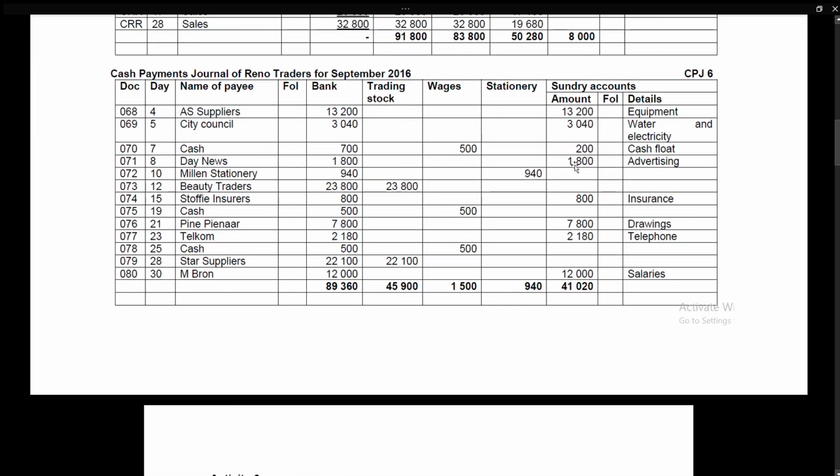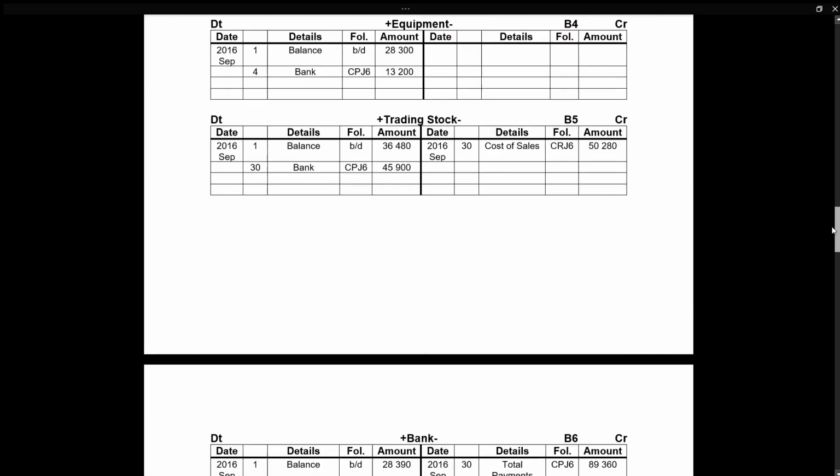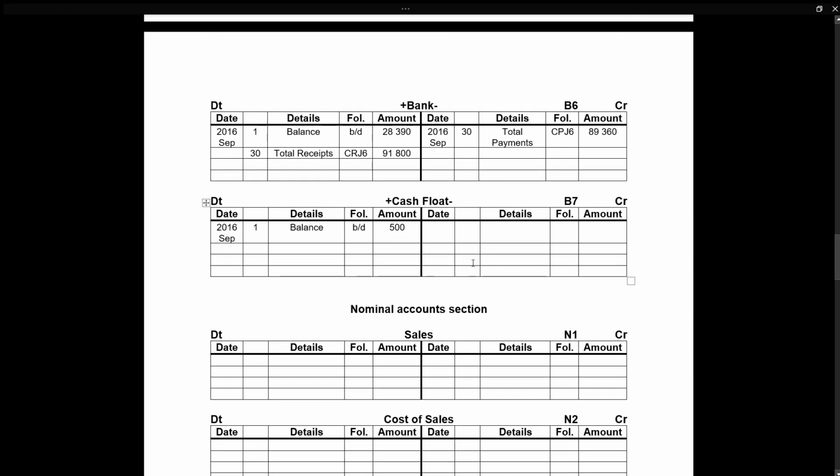That took place on the 7th. Let's go and fill that in. So my cash float will increase with that amount, 200 Rand. I got this information from my cash payment journal number 6, and my details will be bank. It is not a total of a column, so I need to use the specific date. It took place on the 7th.